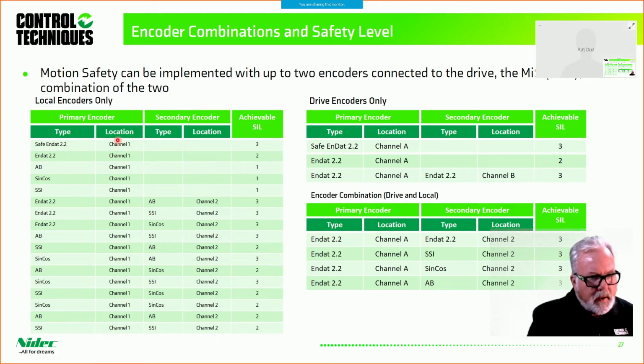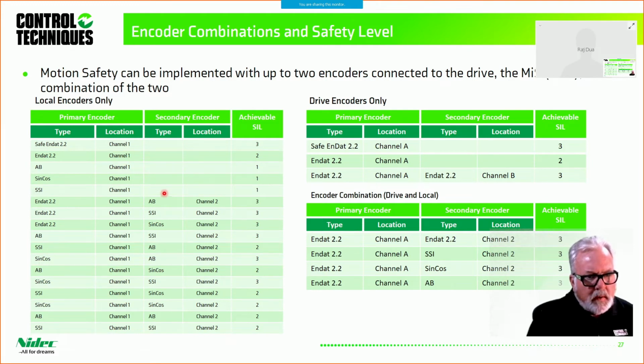And you'll see that that's all channel 1, on the 15-pin port, right? And then as a secondary encoder, we can use AB, which is not Allen Bradley, it's a standard quadrature encoder on channel 2, SSI, sine cos, and the list goes on.